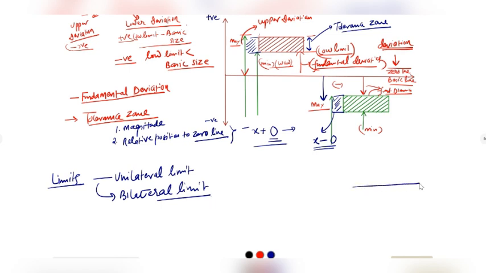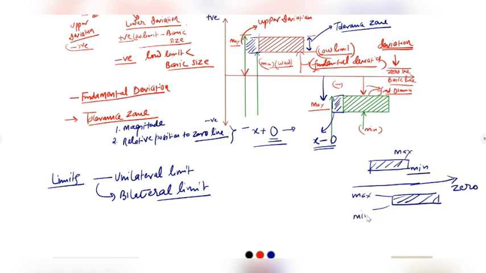Suppose this is the maximum limit and this is the minimum limit. If both the limits are on the same side, whether positive or negative, with respect to the basic size or zero line, so in this case this is the maximum and this is the minimum.